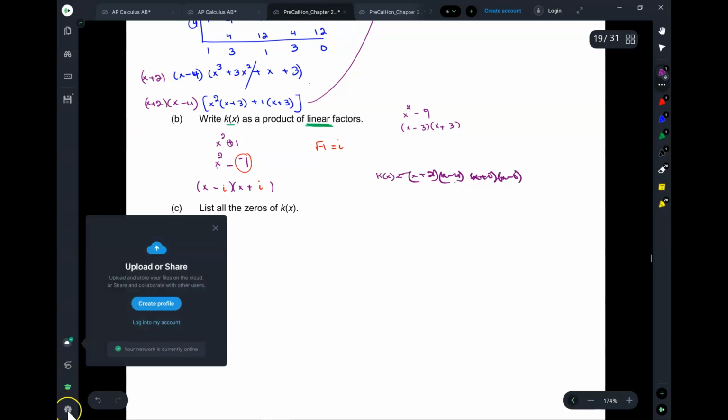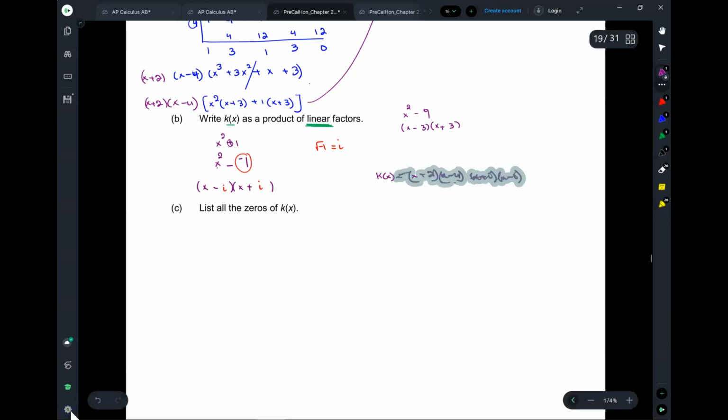One second. All right, let's rewrite that. So this is equal to (x plus 2)(x minus 4)(x plus 3)(x plus i)(x minus i). Okay, so that is in linear factors.